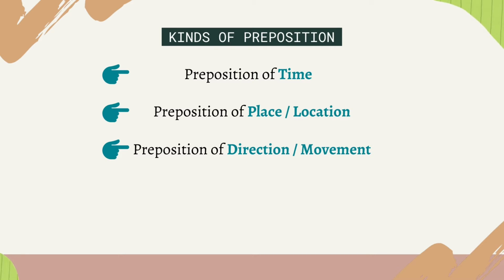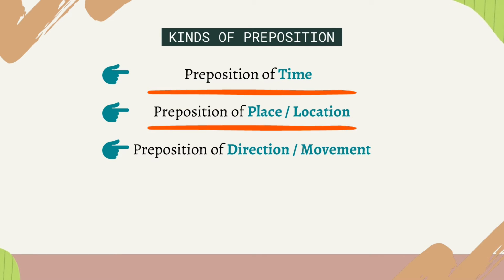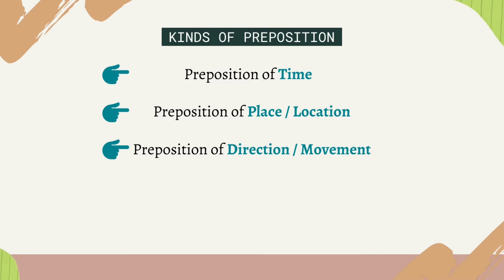Here we can see three kinds of prepositions: preposition of time, preposition of place or location, and preposition of direction or movement. Now we will learn about the uses of these different prepositions.